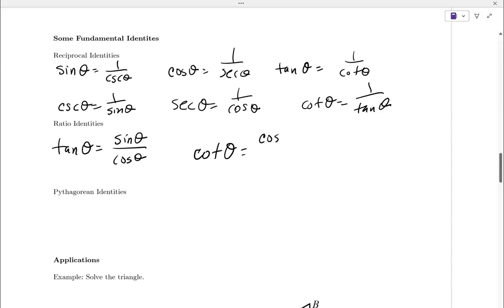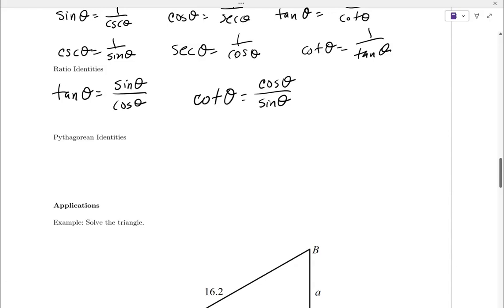Cosine over sine, good. Those are the 2 ratio identities that we have. And we've already talked about them a little bit, so we're just kind of tying it up as we go here. We're going to have a lot of other identities as we go forward. But these are kind of the basic ones that you will use over and over and over again throughout lots of math.